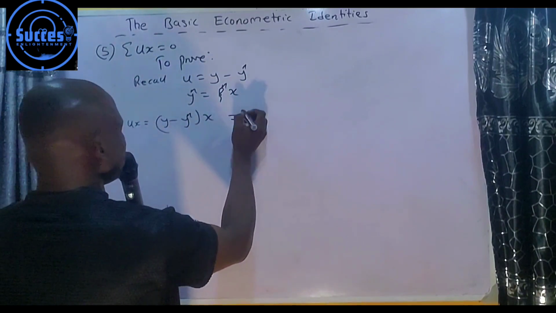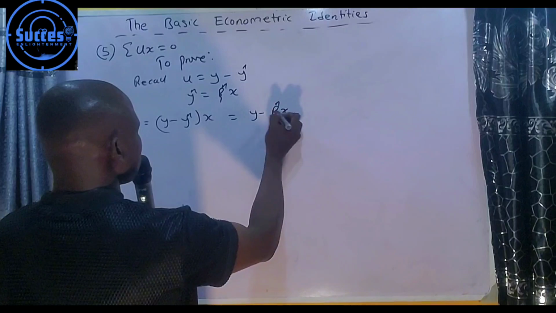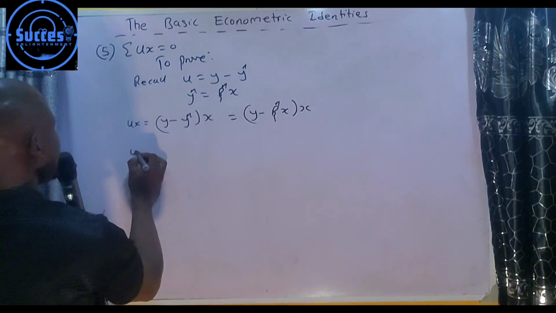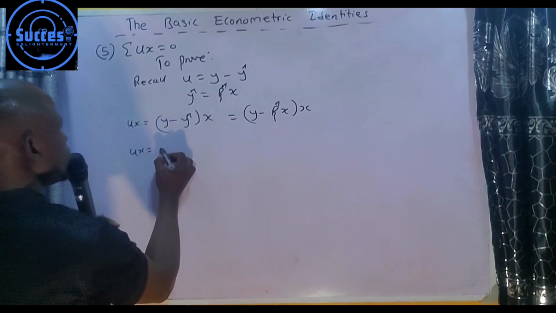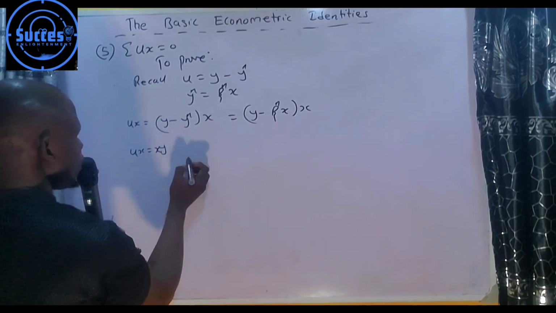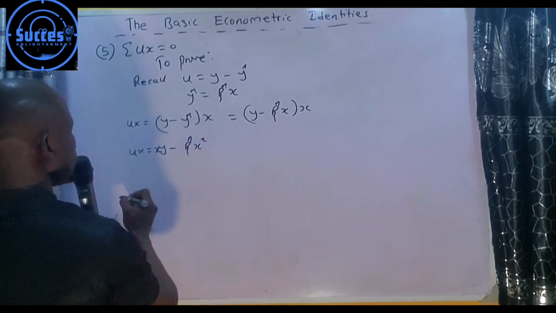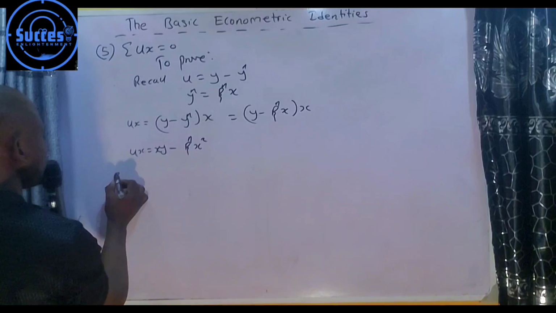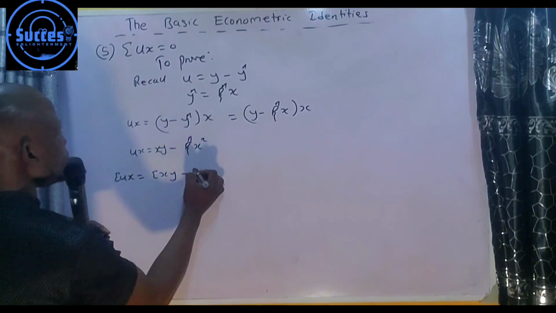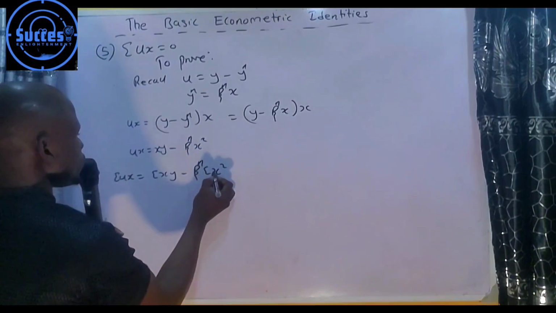So it equals y minus beta cap x into x. Let's open this bracket. Our ux equals xy minus beta cap x squared. Now put summation to it, because we are looking for summation ux, which equals summation xy minus beta cap summation x squared.